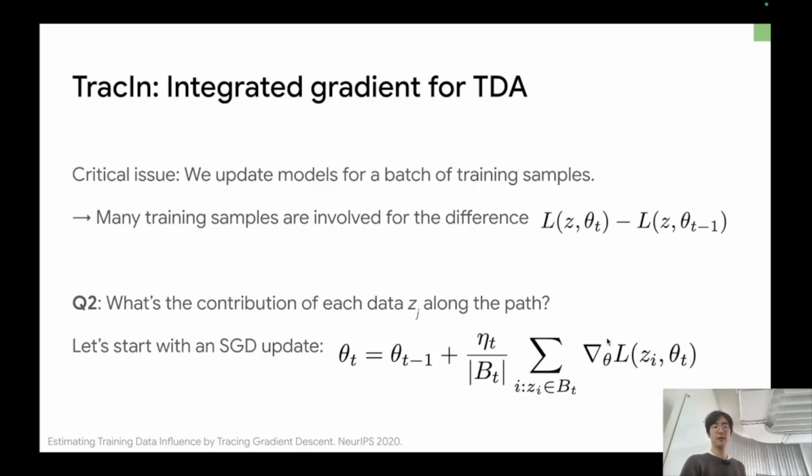Of course, there are some factors in front given by eta t, which is the learning rate, the step size basically. And then you have batch size normalization. Of course, there are other factors like momentum, but we disregard that for a moment.